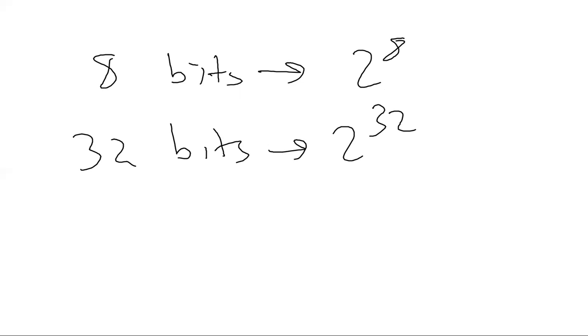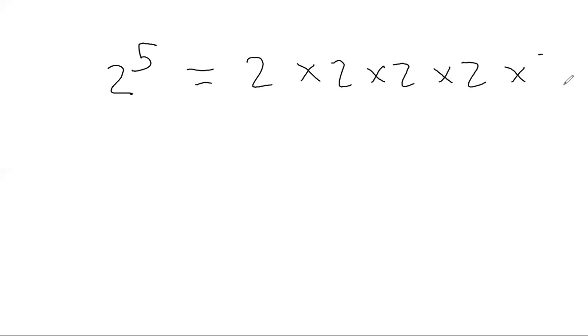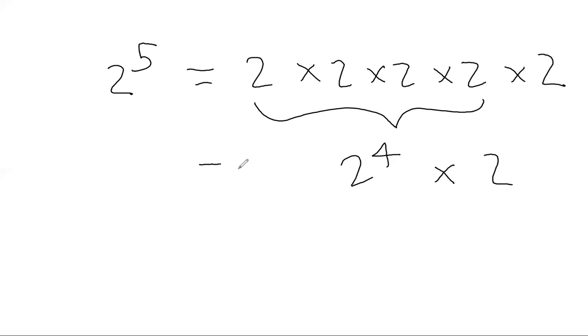So now, if I have 2 to the 5th, that's equal to 2 times 2 times 2 times 2 times 2. That's equal to 2 to the 4th times 2. In other words, 2 to the 5th is 2 to the 4th doubled, right? Which is equal to 2 to the 3rd doubled and then doubled again, right?